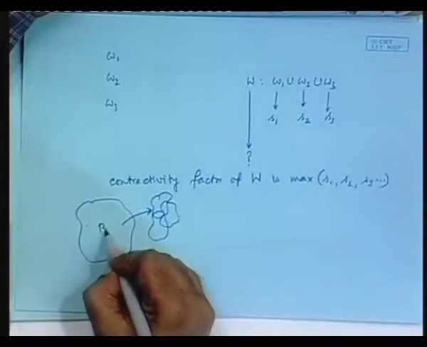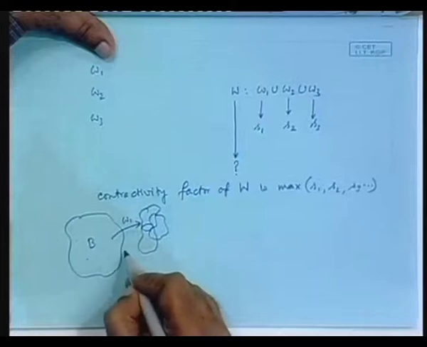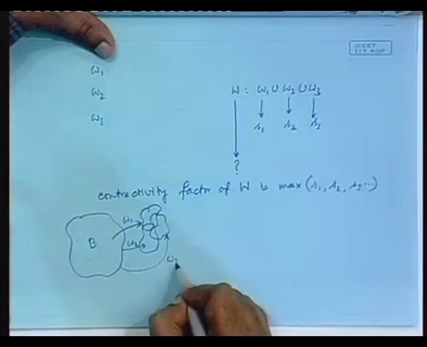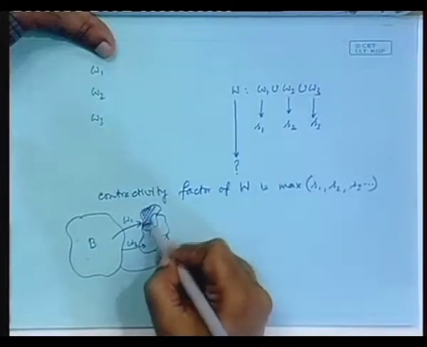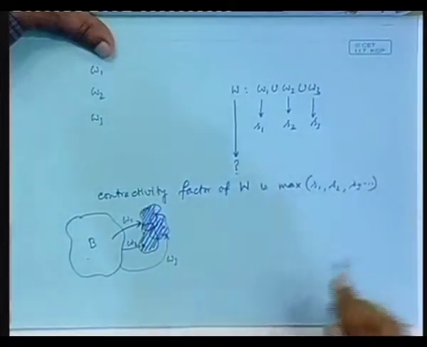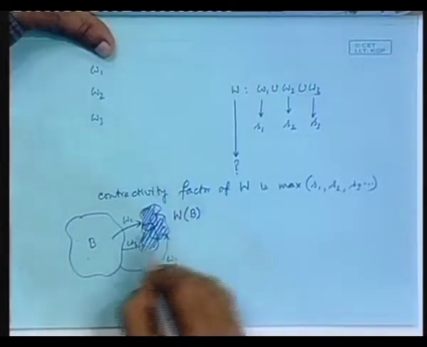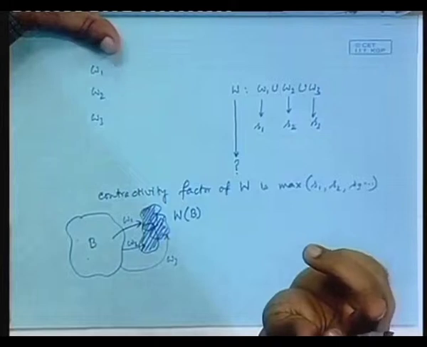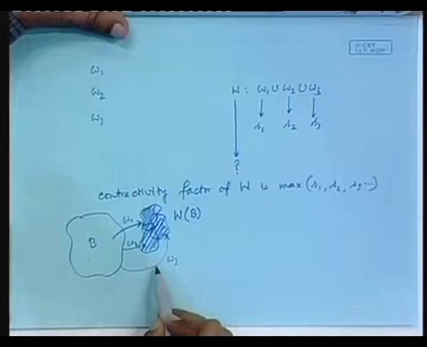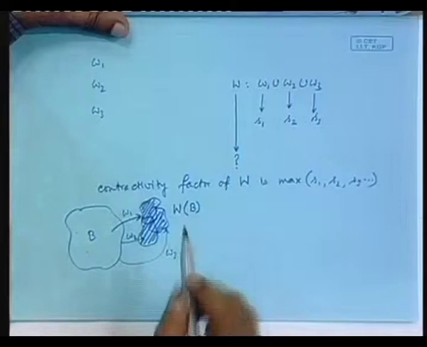This is my set B. W1 yields this one, W2 yields this one, W3 yields this one. So, ultimately the union is the result. So, from B to capital W of B is the transformation. Okay. The transformation is not by the individual ones, but the union of the individual transformations is the ultimate capital W we are talking about.